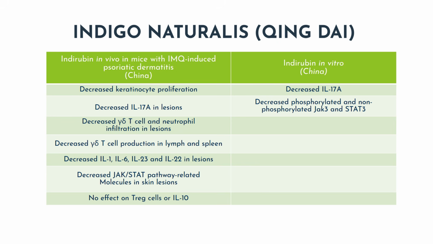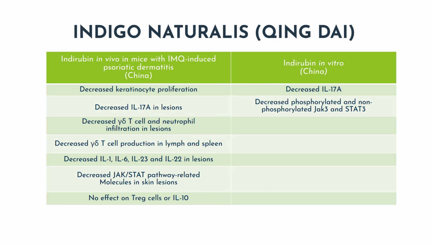And there are many studies that have been done on indigo naturalis, basically showing that it decreases IL-17 and can really improve the Th17 pathway. So there was indirubin in vivo in mice with imiquimod-induced psoriatic dermatitis. Basically they tried to give the mice psoriasis.